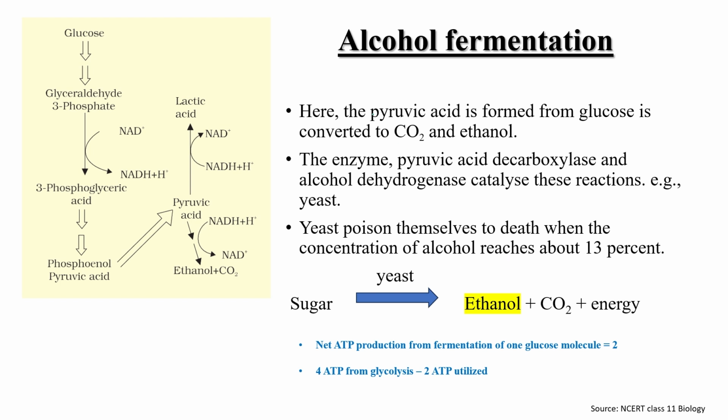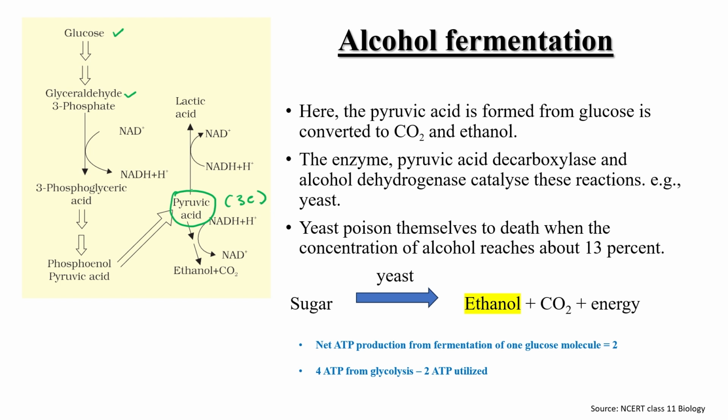So first of all, right now we are discussing alcohol fermentation. As you can see in this particular pathway, these are the steps of glycolysis. Glucose first converts into glucose 6-phosphate, then fructose 6-phosphate, then fructose 1,6-bisphosphate, then 3-phosphoglyceric acid, then phosphoenolpyruvate, and then this is the final product, pyruvic acid, which is a 3-carbon compound, right?